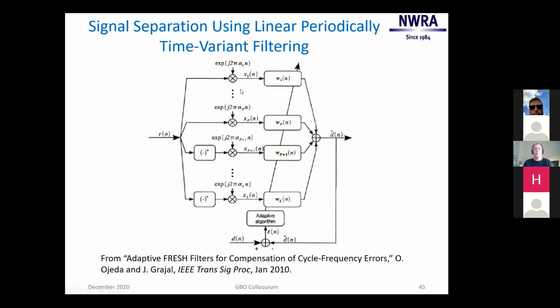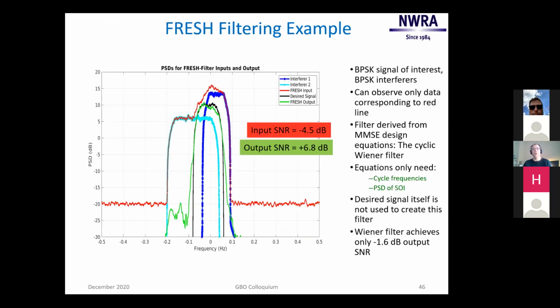So you pick some set of those, and you make this filter, and you try to get only your signal of interest out, or equivalently, you cancel out the interferers. So I have some code that I use for FRESH filtering. It's not nearly as mature as the MSSA stuff, but this is an example just to really fix the idea.